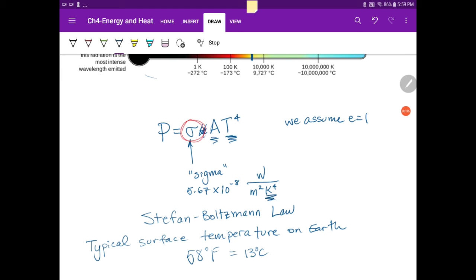Because of this constant here, we need to convert that to Kelvin, and you always just add the number 273 to the degrees Celsius. So it would be 273 plus 13, which is 286 Kelvin.